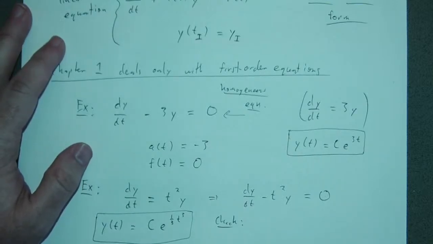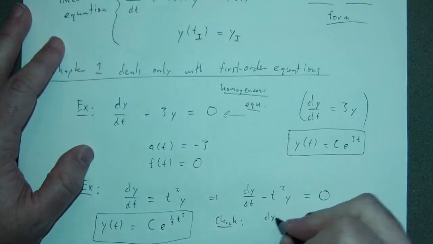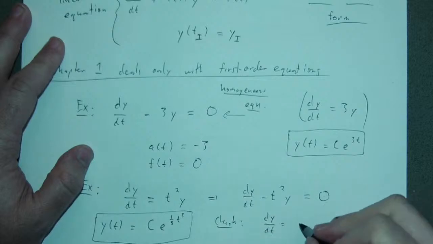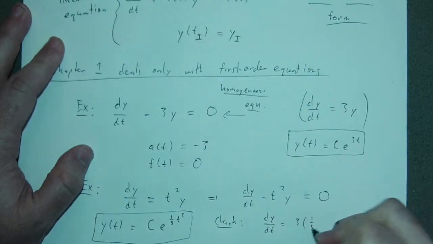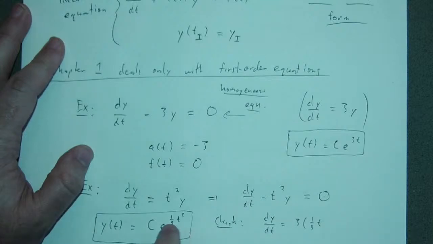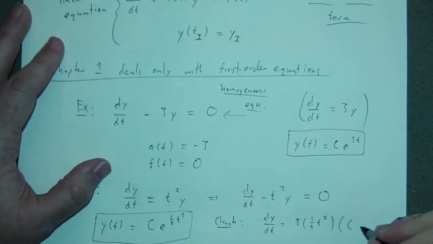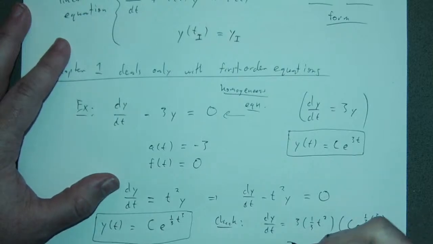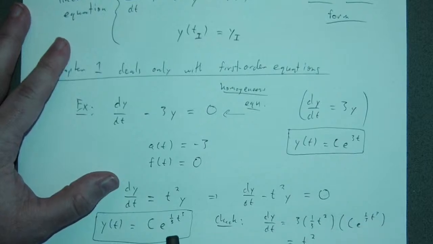So here I take dy/dt. What's dy/dt? It's the derivative of this thing, which is 3 times 1/3 t squared times c e to the 1/3 t cubed. 3 times 1/3 t squared is just t squared, and c e to the 1/3 t cubed is y.